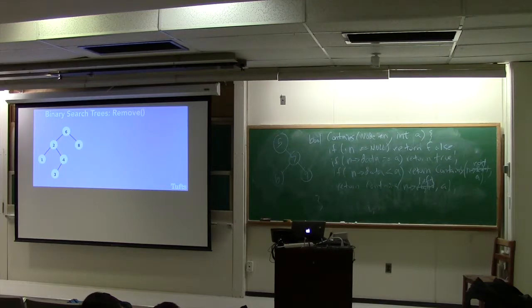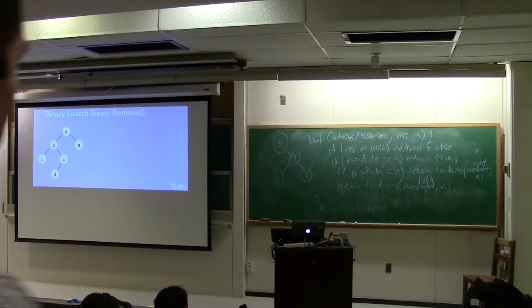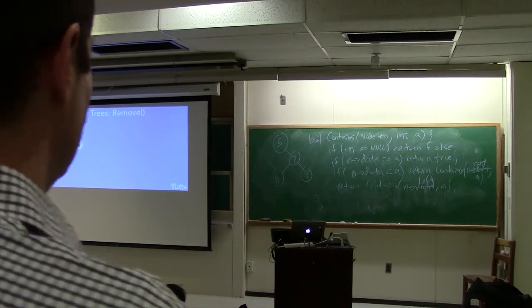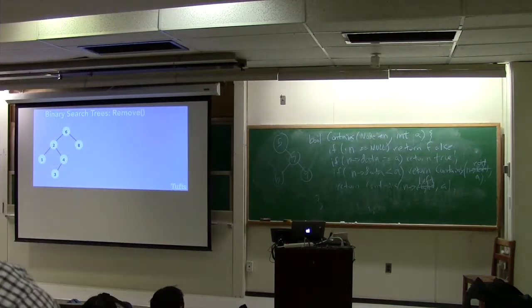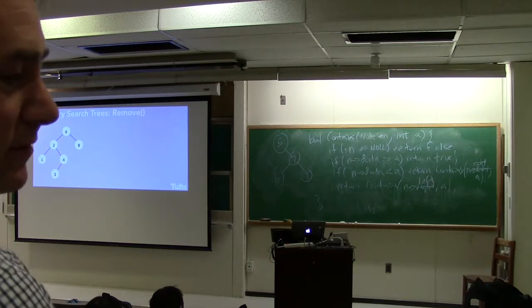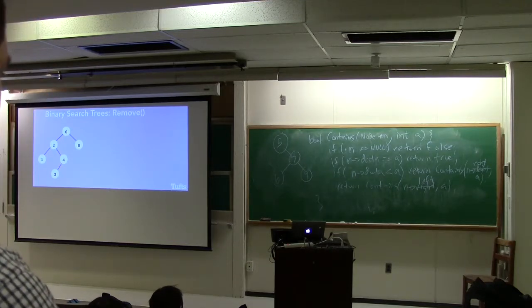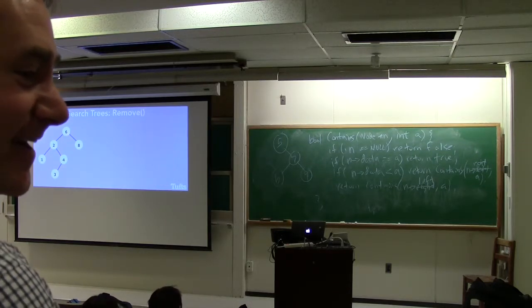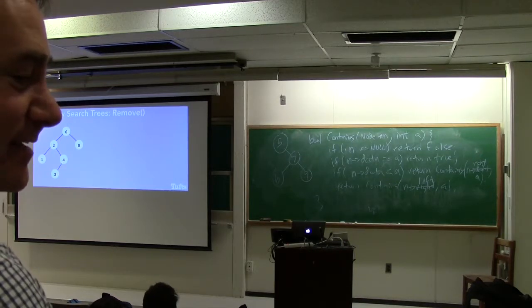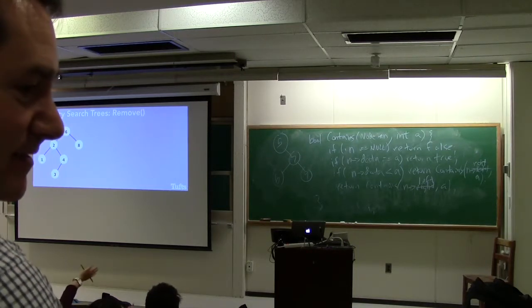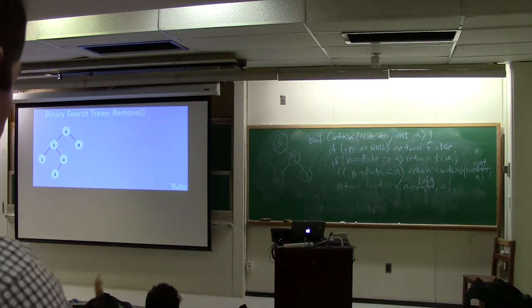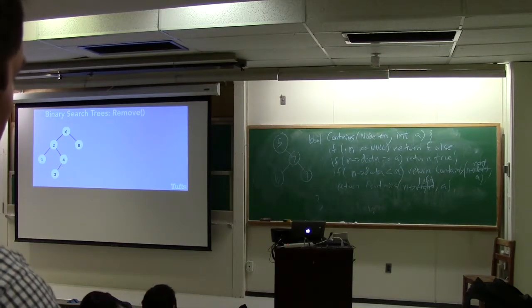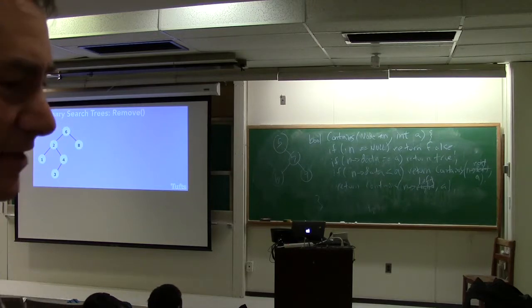So 6's left child is 4, and then 4 would have to point to 1, and 4 would have to compare whether 2's left child is greater than 4's left child. It's kind of complicated, isn't it?